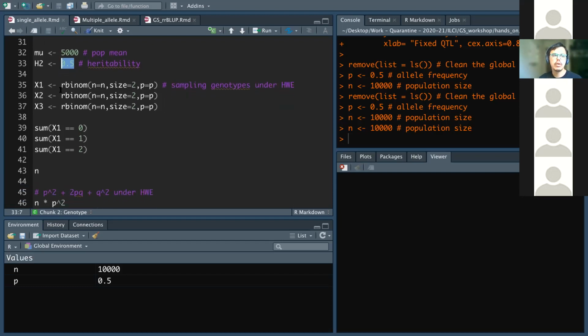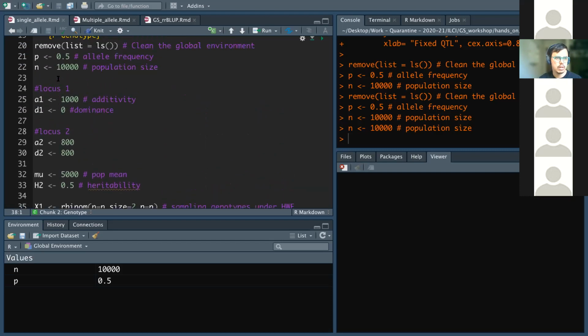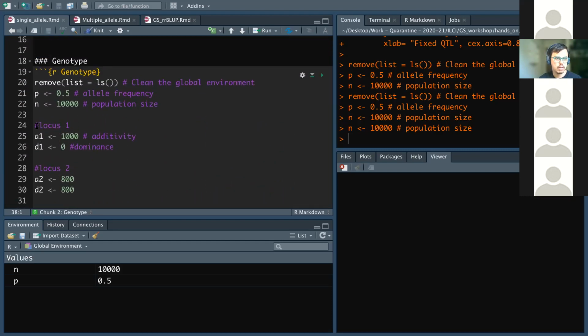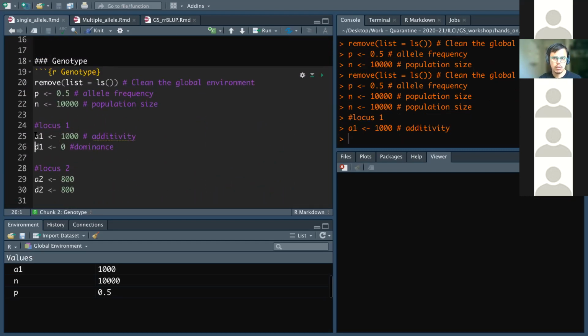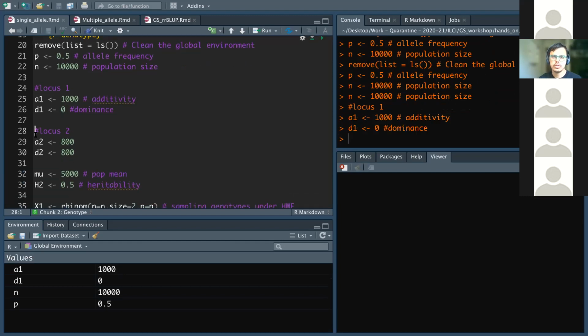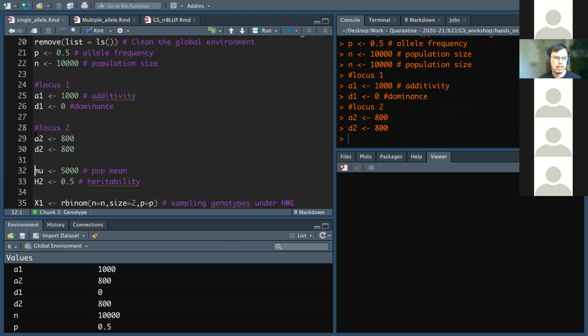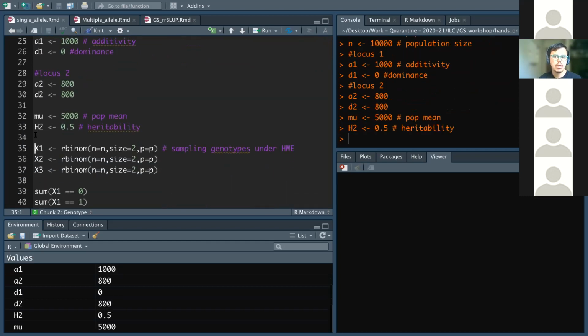Okay, so now we have the additive effect, dominant effects, the mean of the population, and the heritability of this trait. And now we have to produce the sampling genotypes. To run that, we just have to step in every single line and enter.